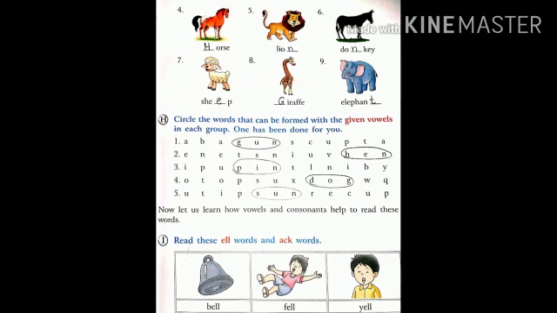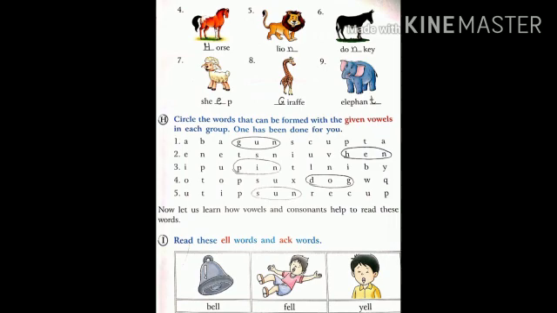Number 7, S-H-E-E-P, sheep. Number 8, G-I-R-A-F-F-E, giraffe. Number 9, elephant.